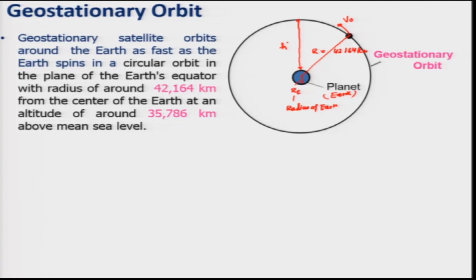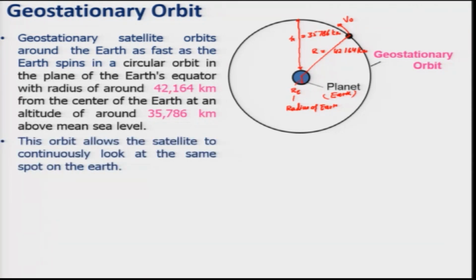In this case, h will be equal to 35,786 kilometers. When the satellite is placed at an altitude of 35,786 kilometers from the surface of the earth, in a circular orbit around the equator, we call it a geostationary orbit.